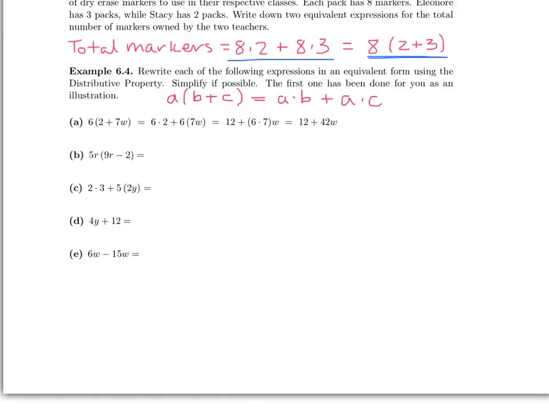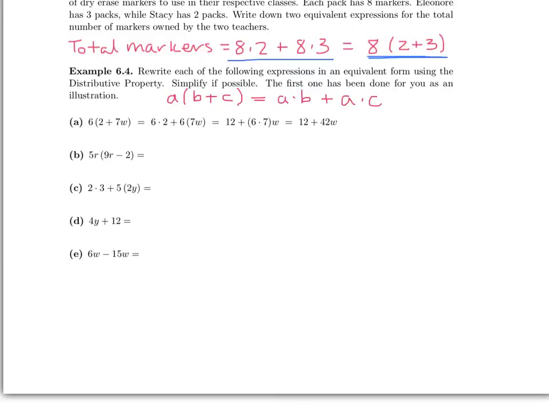You can see that the 6 is playing the role of the A, the 2 is playing the role of the B, and the 7W is playing the role of the C. So if we want to write this in an alternate form, we would write it as 6 times 2 plus 6 times 7W.